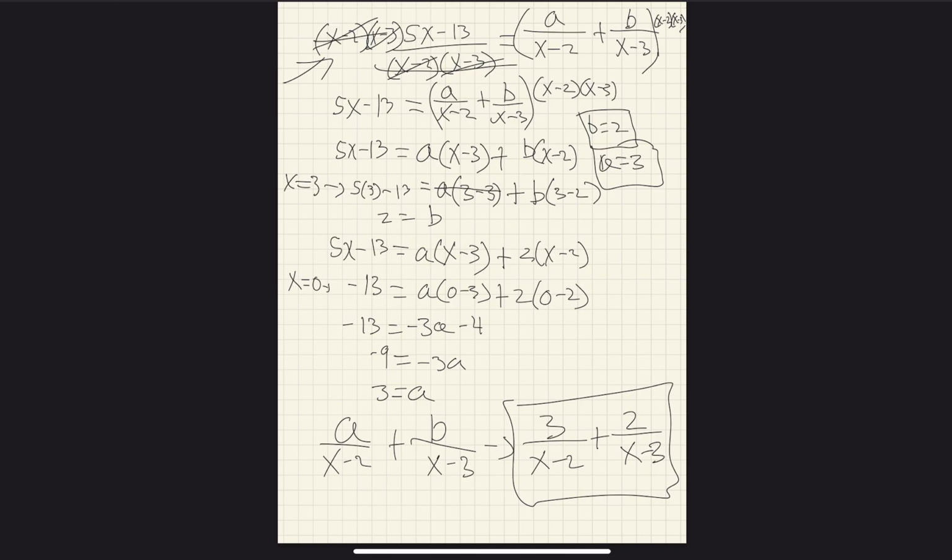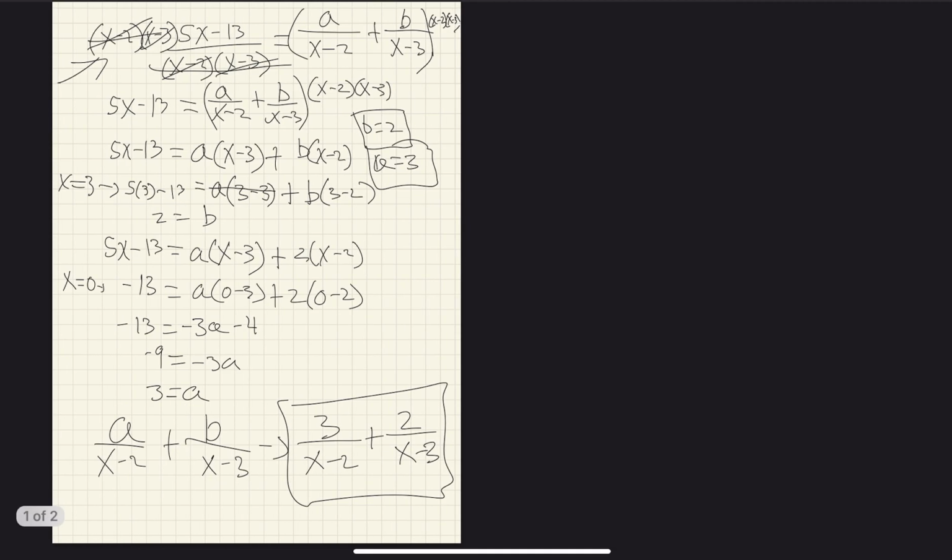You're going to plug in numbers for x that cancel out enough terms so that you can solve it for a or b. So we plugged in the 3 to cancel out a so we could solve for b. Then once you're just down to one unknown, one a or b or c or d or whatever, solve for that thing and then plug your stuff into here. Okay, so that's the methodology.